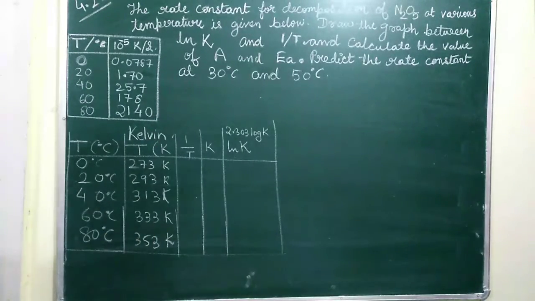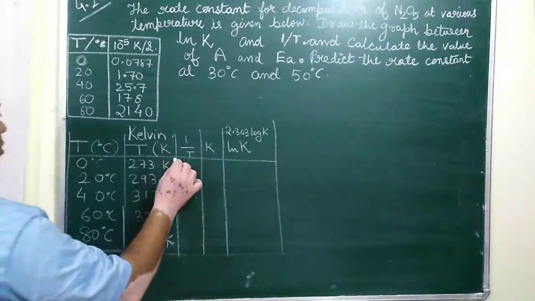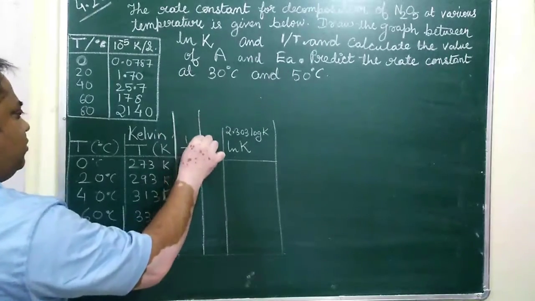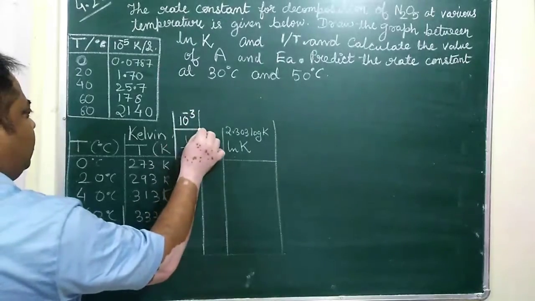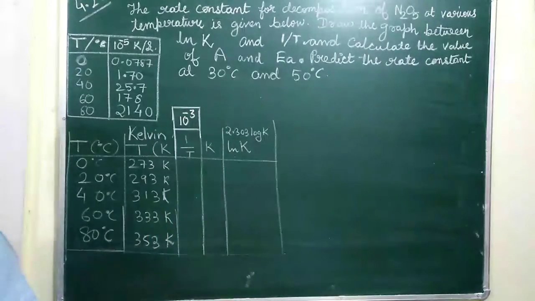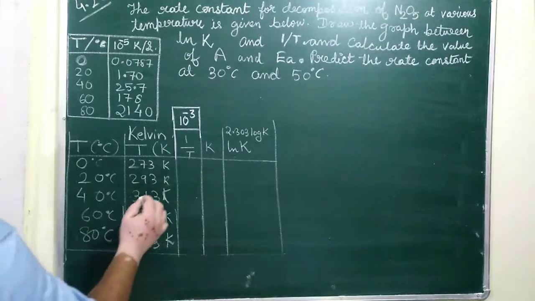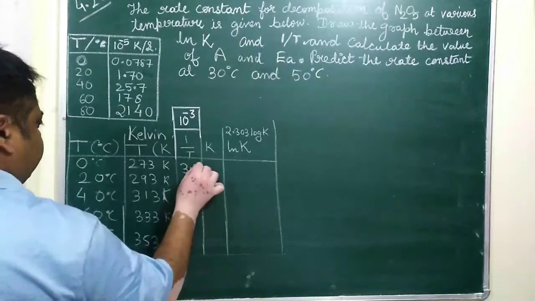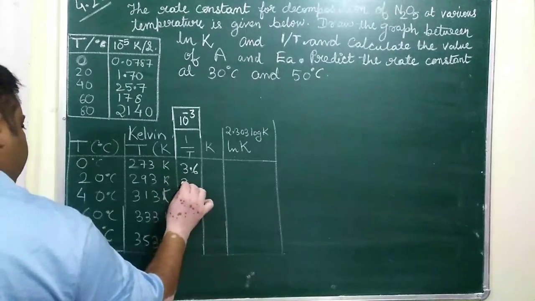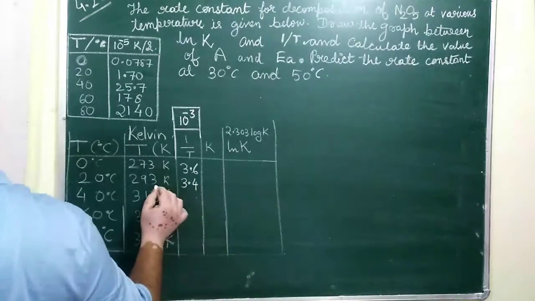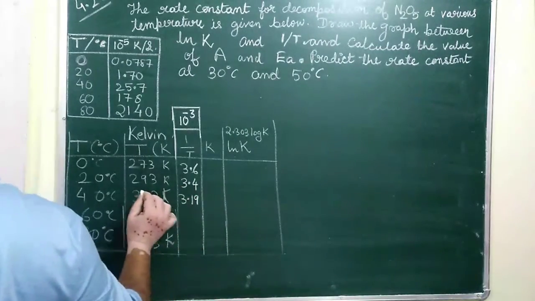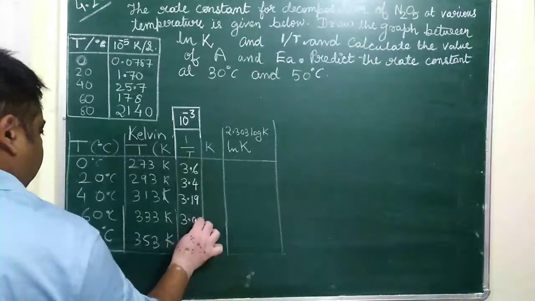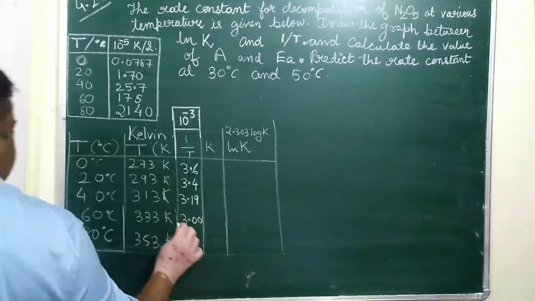Now if I reciprocate this, then each of these terms will come in decimal, and 10 to the power minus 3 will be common in all. So I am taking out 10 to the power minus 3 common for all, and the rest of the values I am writing down. This is 3.6, 3.4, 3.19, 3.00 and 2.8.